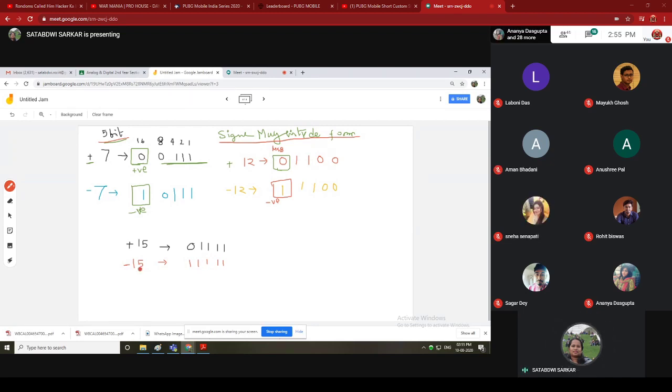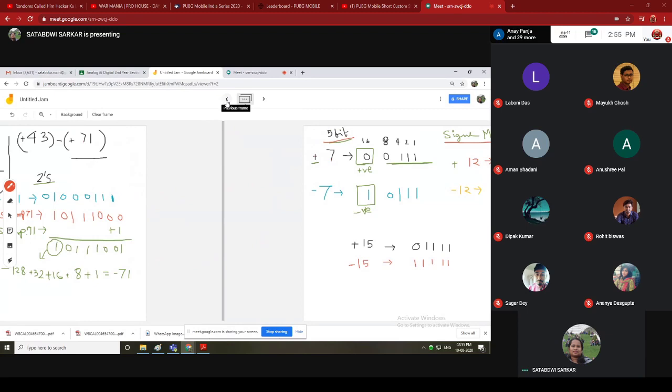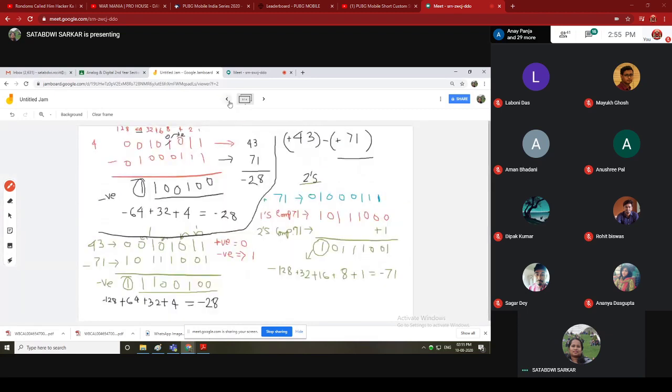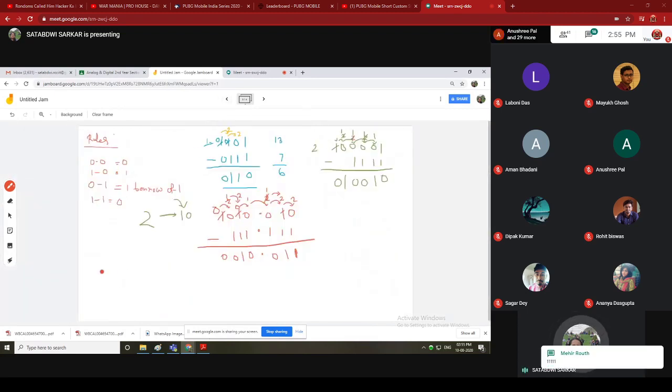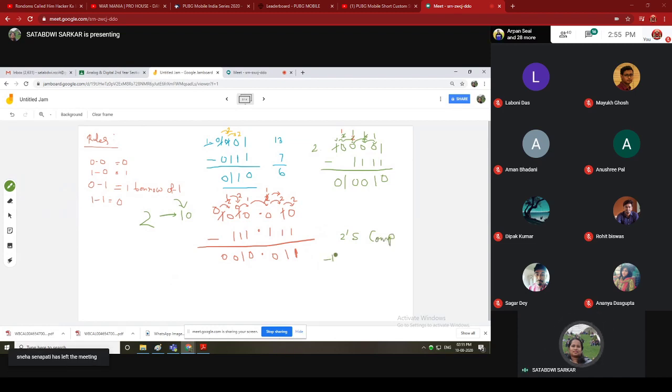But if minus 15 is to be represented in the 2s complement form, suppose here there is space, so I am showing it here. Using 2s complement, minus 15. First step: we have to find the value of plus 15.